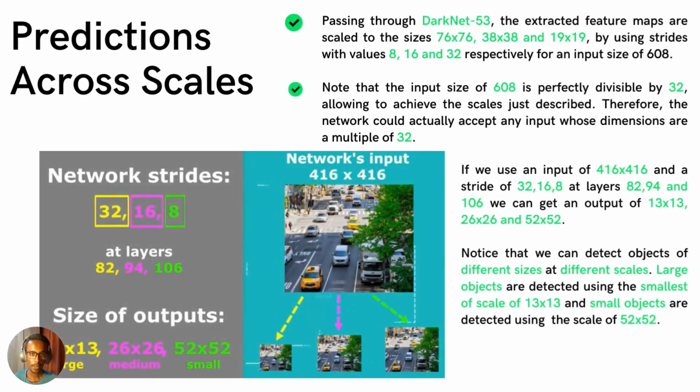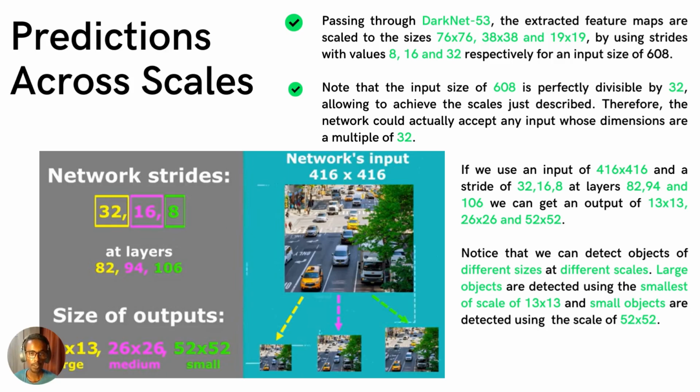Passing through the Darknet 53 backbone, the extracted feature maps are scaled to the sizes 76 by 76, 38 by 38, and 19 by 19 by using strides with values of 8, 16, and 32 respectively for an input size of 608.